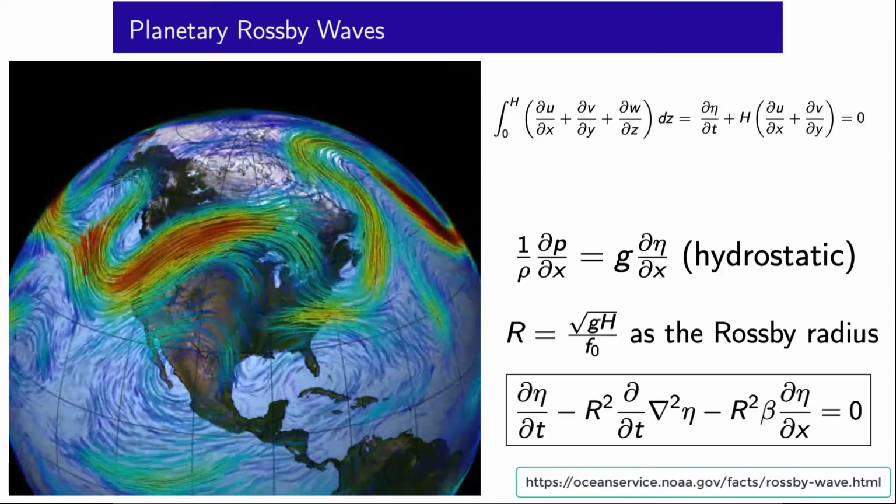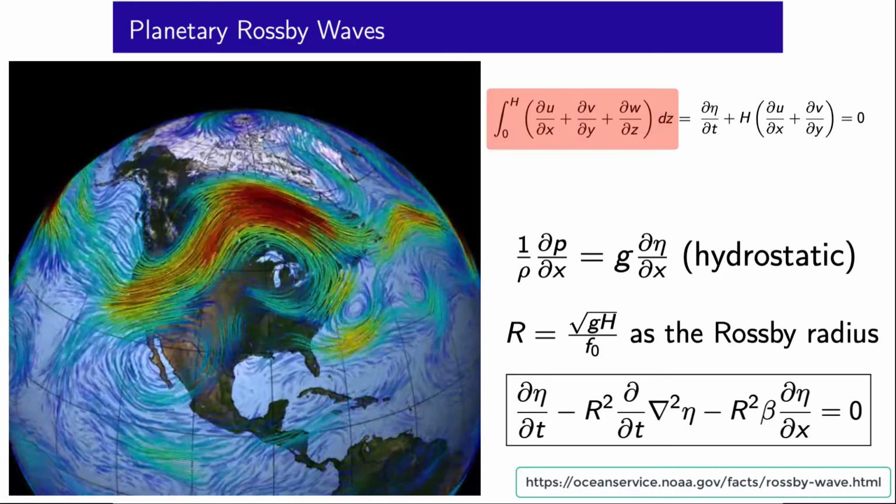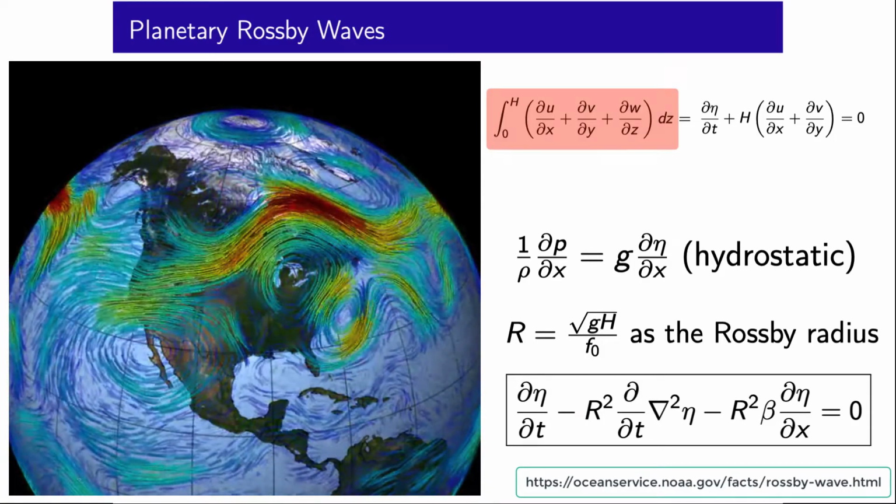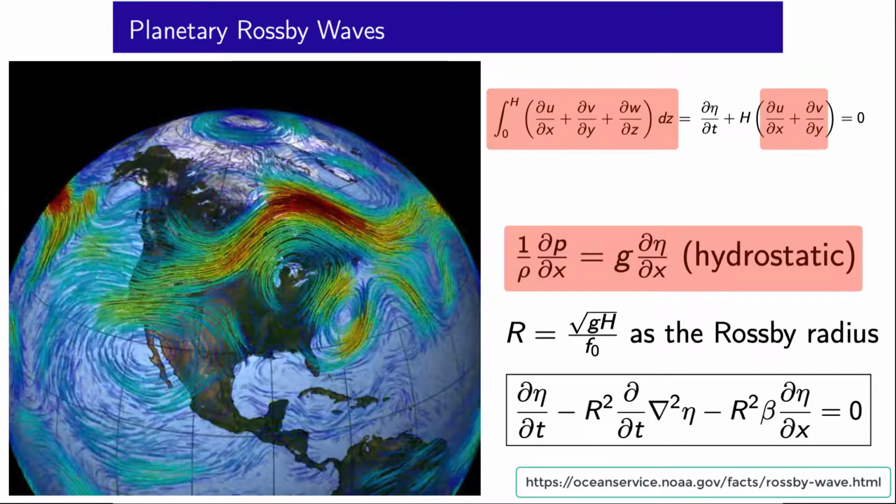Our derivation included integrating the continuity equation over some layer depth h and substituting into this the geostrophic plus ageostrophic horizontal velocities, where the pressure terms have been expressed in terms of eta, which are small perturbations on the free surface height, and where this term R, which we call the Rossby radius, is given as the square root of gh on f0.